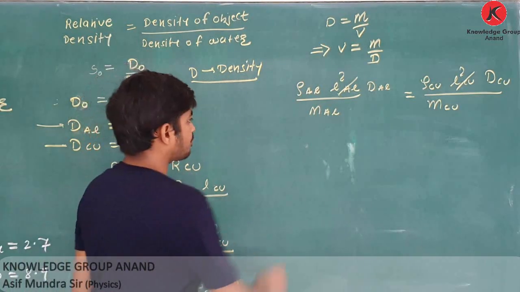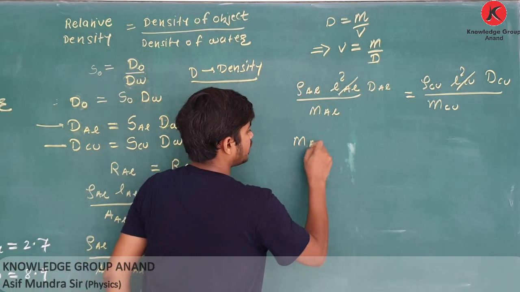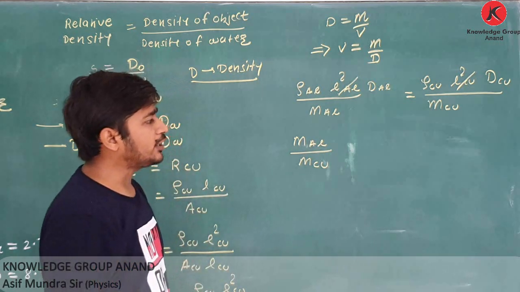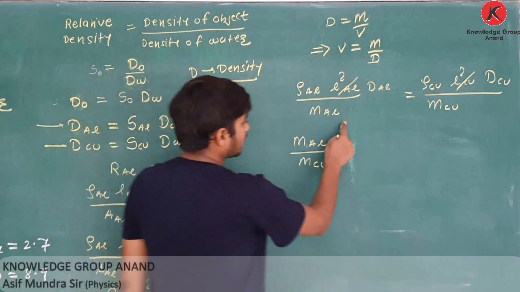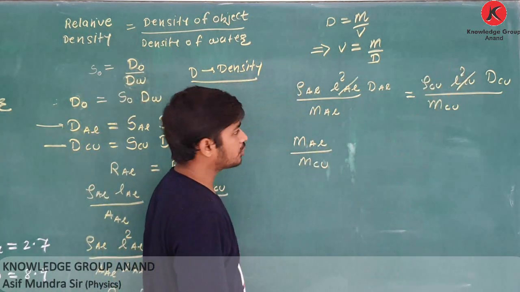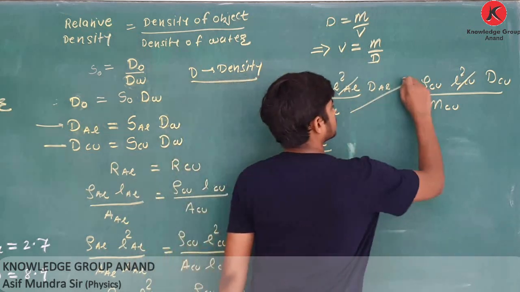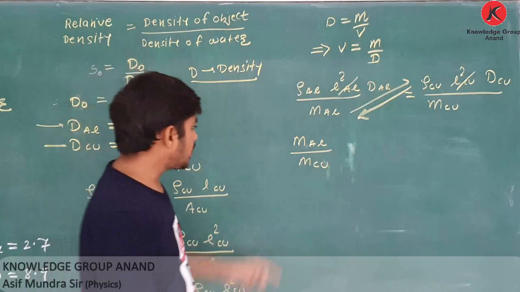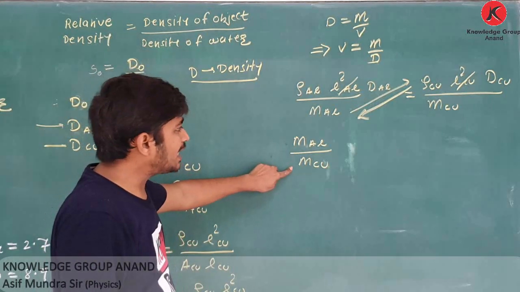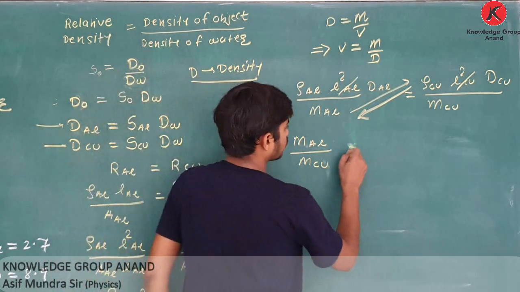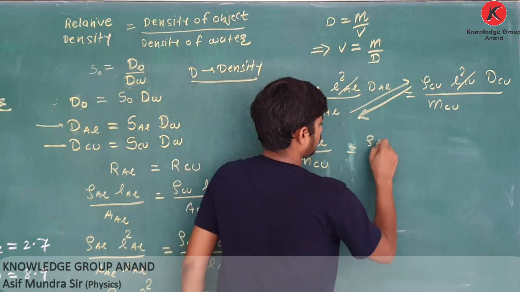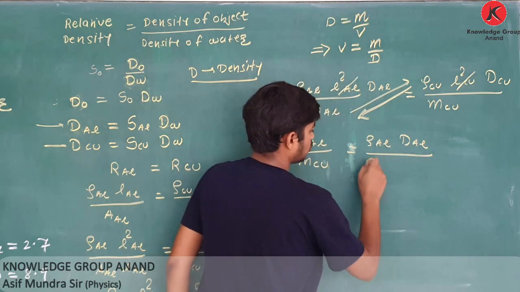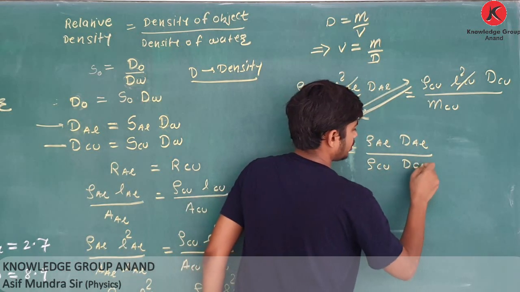Now take the ratio mass of aluminium upon mass of copper. Here mass of aluminium comes in the numerator. Clear about this? So if you make mass of aluminium upon mass of copper, then what remains is equal to rho Al, density of Al, upon rho of Cu, density of Cu.